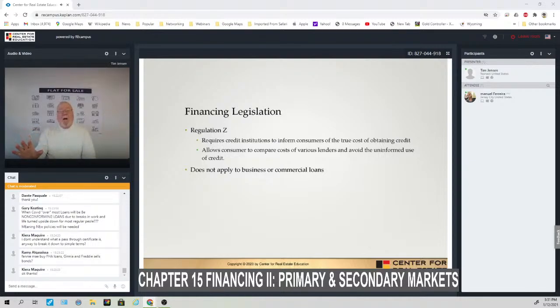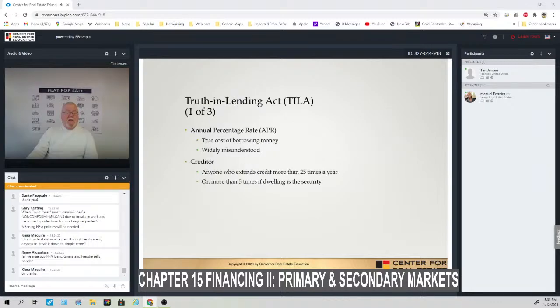It only applies to residential loans, not for business or commercial loans. It's only for residential real estate transactions. So under the Truth in Lending Act, the annual percentage rate must be disclosed to the borrower so that they understand the true cost of borrowing money.